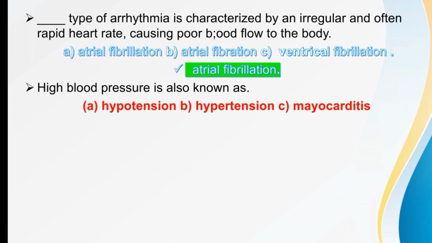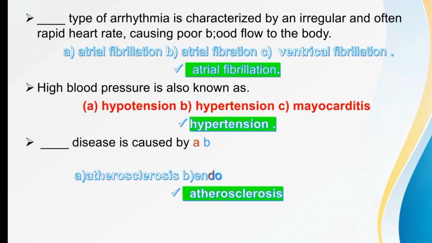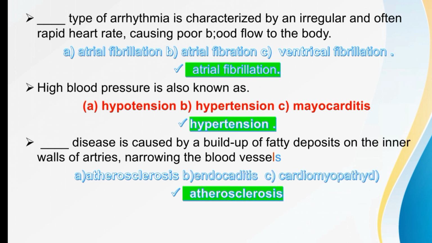So the right option is hypertension. Hypertension is used for high blood pressure. Dash disease is caused by a buildup of fatty deposits on the inner wall of arteries, narrowing the blood vessels and reducing the blood flow. Atherosclerosis, endocarditis, or cardiomyopathy. So the right option is atherosclerosis.